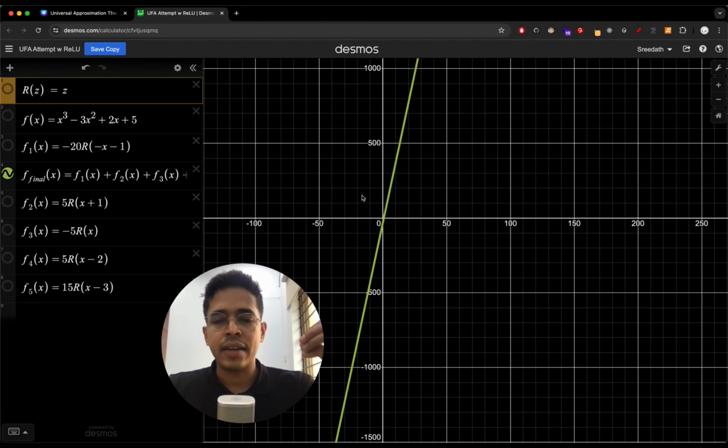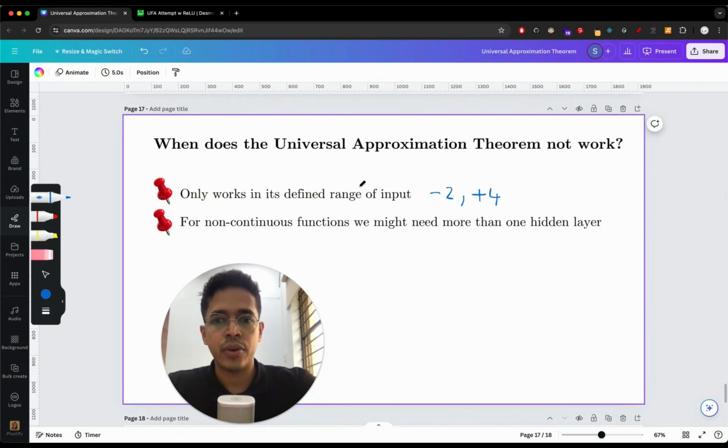This is why activation functions are so important. I would even say it's the cornerstone of the whole idea of neural networks, that you can construct these piecewise functions and approximate pretty much any function that way. If you have a discontinuous function, that is the reason why sometimes you have multiple hidden layers. So I hope this makes it very clear for you in a visual way, the importance of activation functions.